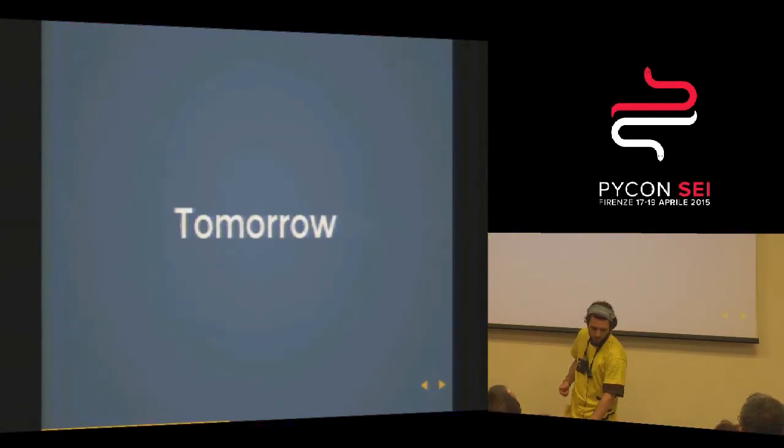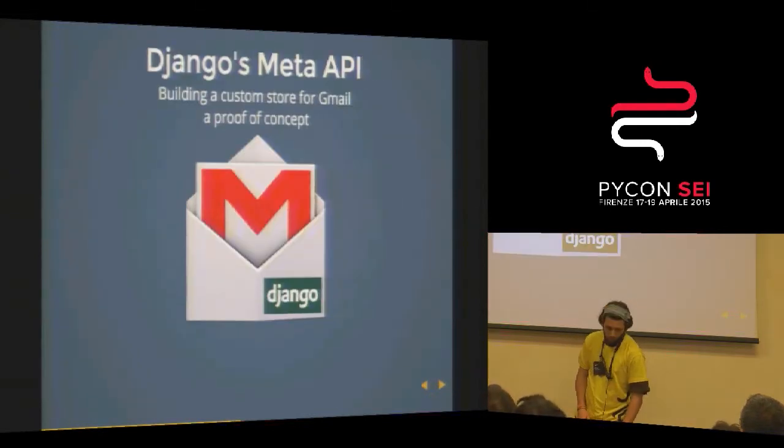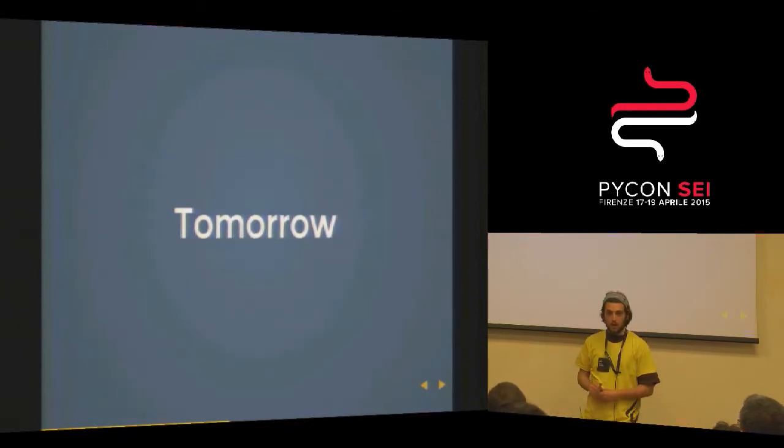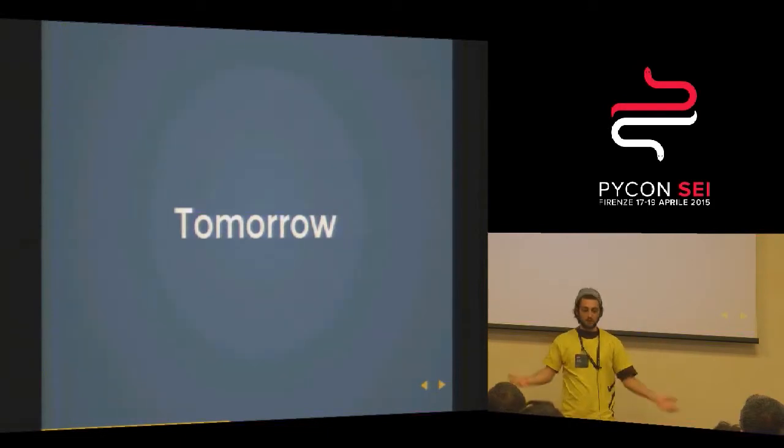In order to show that this could be possible, I wanted to build a proof of concept that could be shown to everyone, as this is a vision that I have.